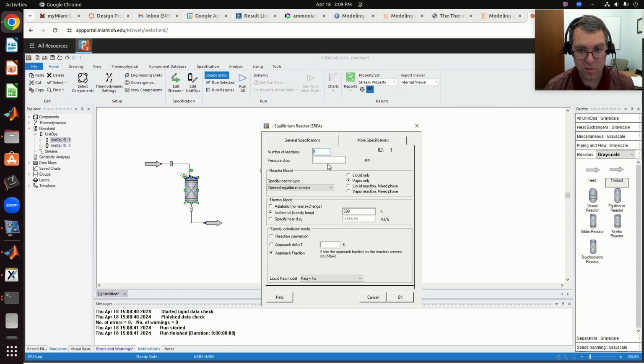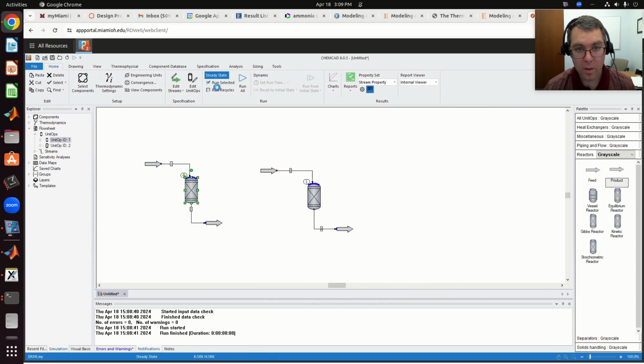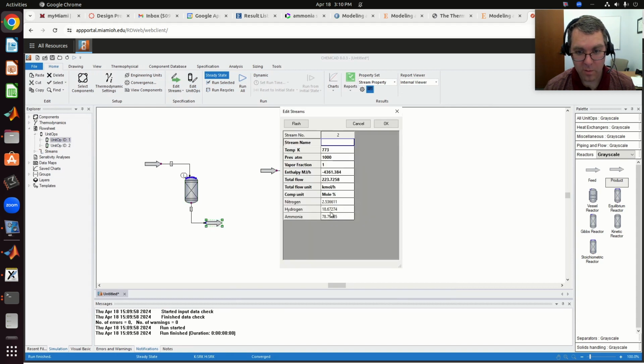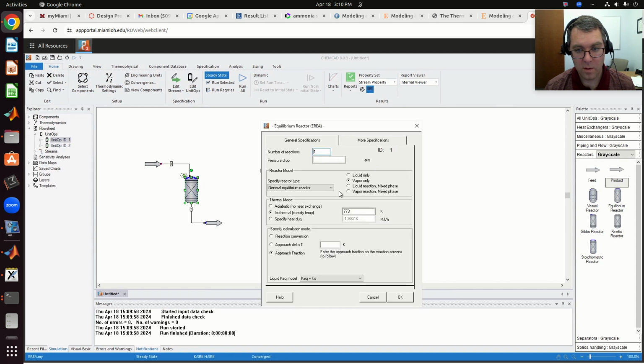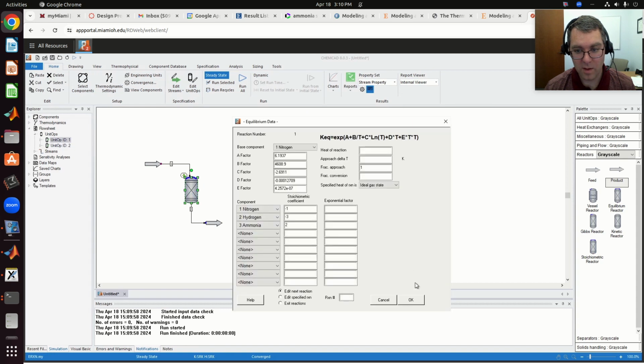And we'll run it isothermally at 773 Kelvin. So if I run this, coming out, we're about 79% ammonia. Okay, I'm going to say 773 and 1000.